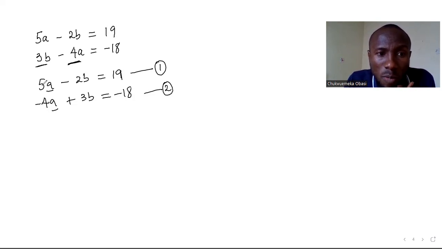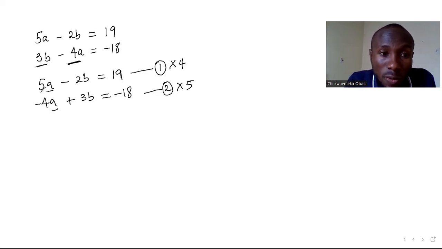So what I'll do, I'll multiply equation 1 by 4, and I'll multiply equation 2 by 5. The reason why I'm doing that is because when I multiply here by 4 and here by 5, you see the quantity of A will become the same.